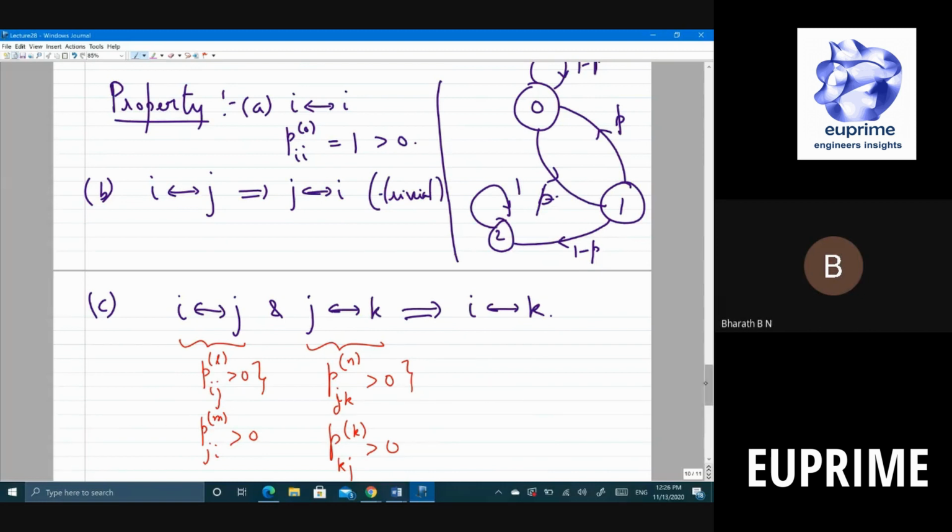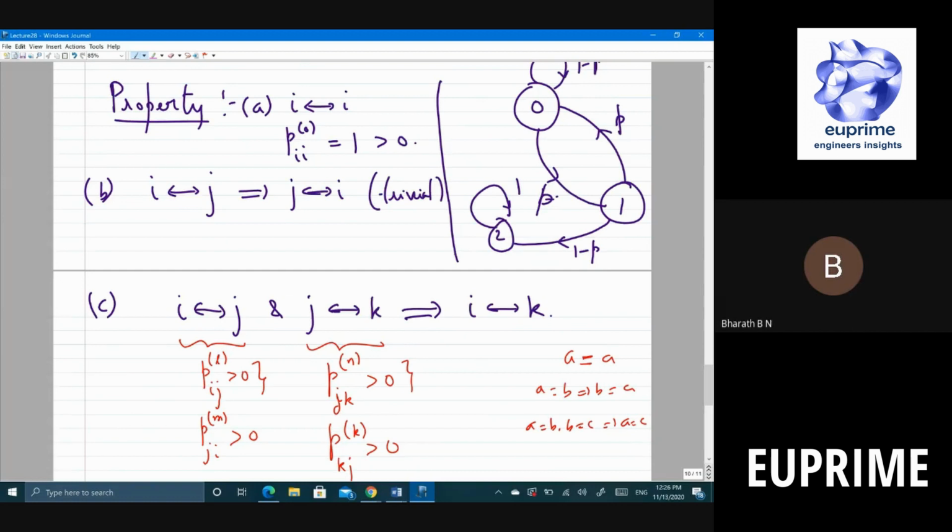Why is it called equivalence? For example, a is equal to a. If a equals b, then b equals a. If a equals b and b equals c, then a equals c. So it mimics this equality, but it's not really equal to. So it's called an equivalence relation. This is called the equal-to relation. This is in general called an equivalence relation.